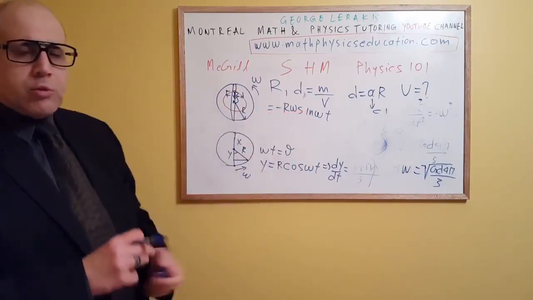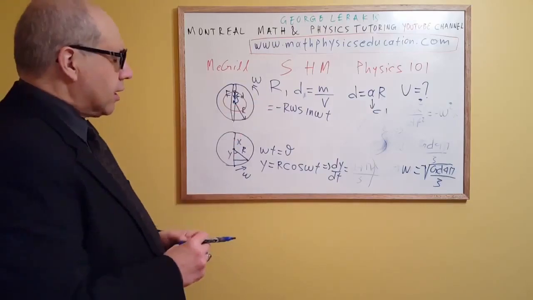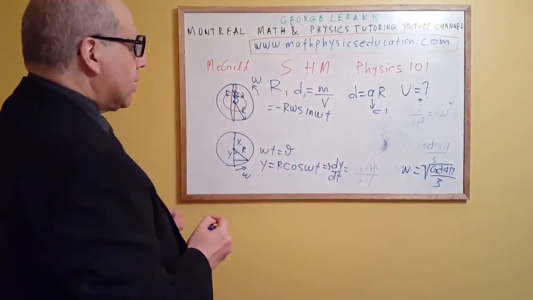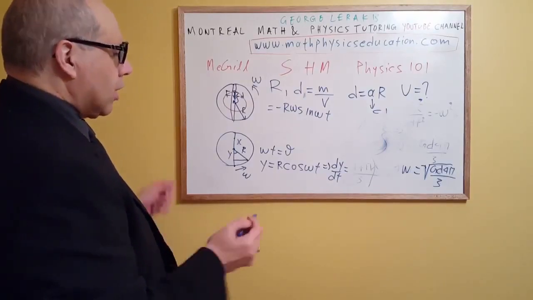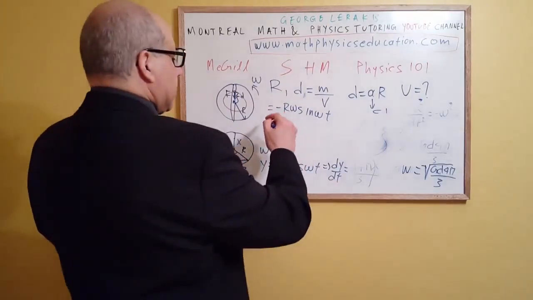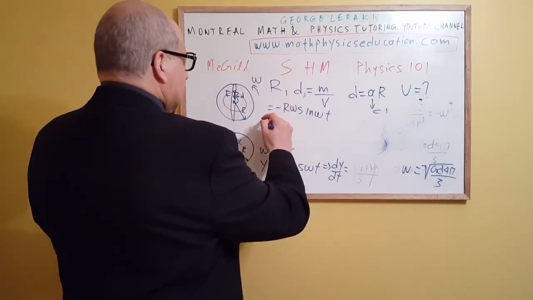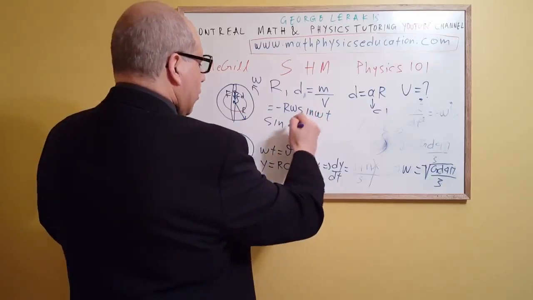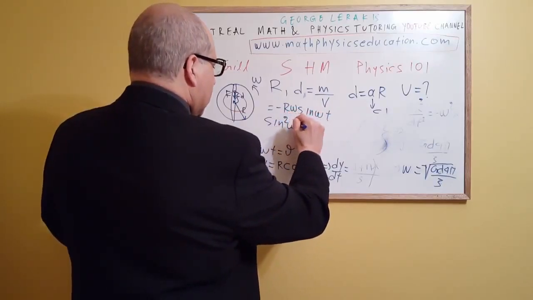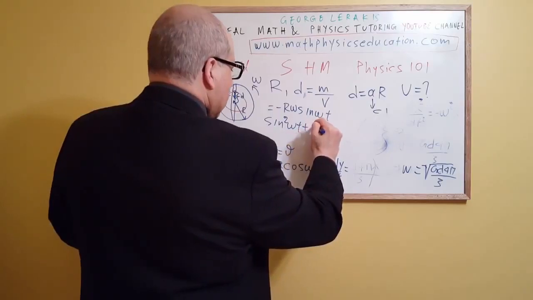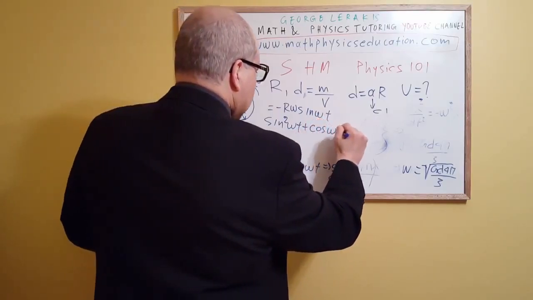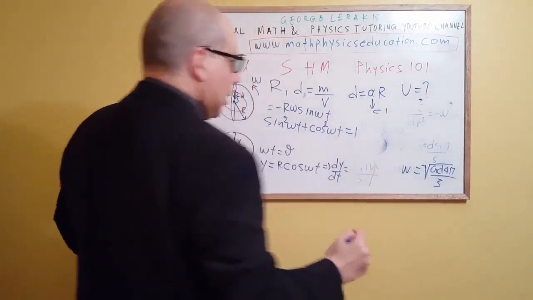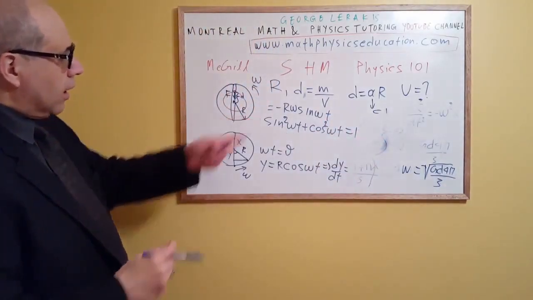Now the only thing missing to calculate this answer is sine omega t. But we can find that from the basic trigonometric identity that sine squared of omega t plus cos squared of omega t is equal to 1.